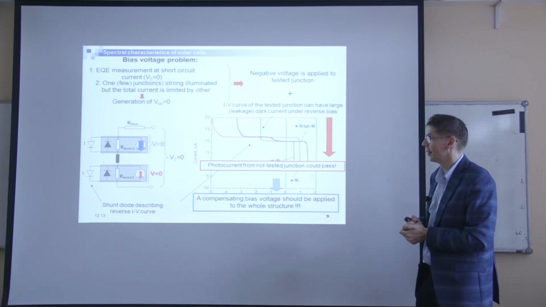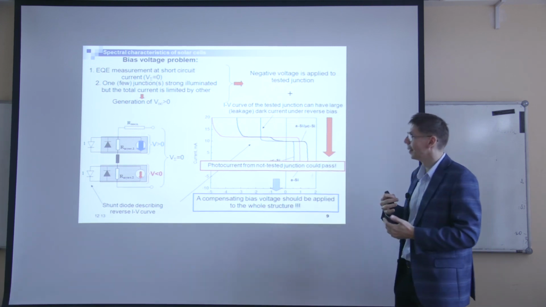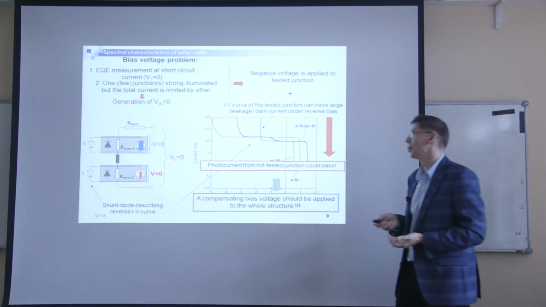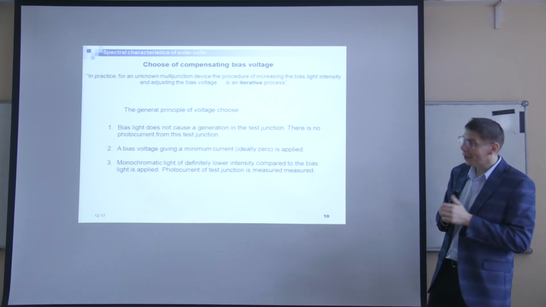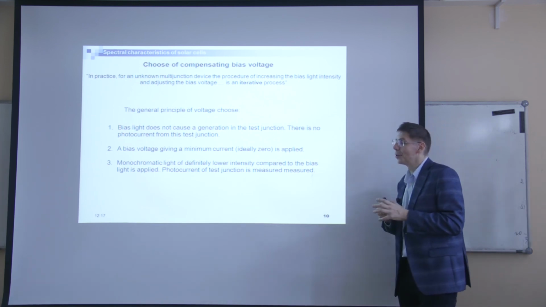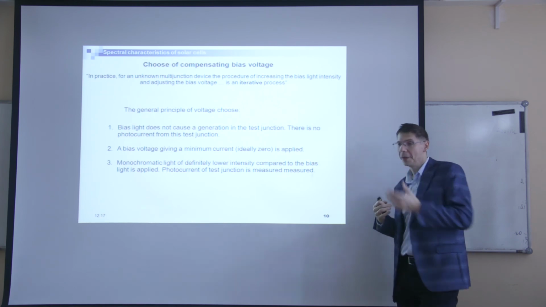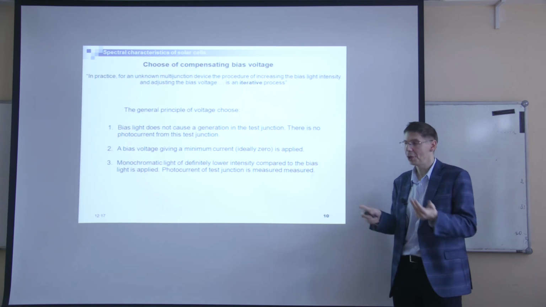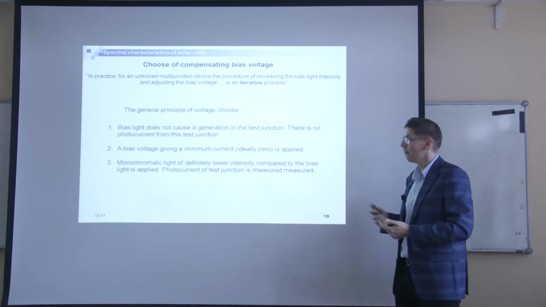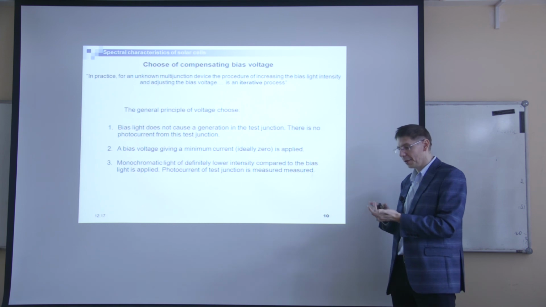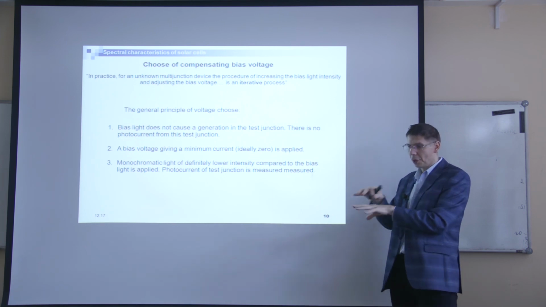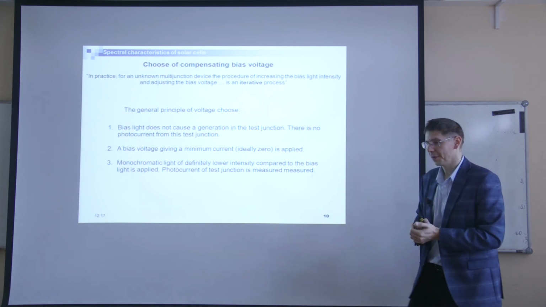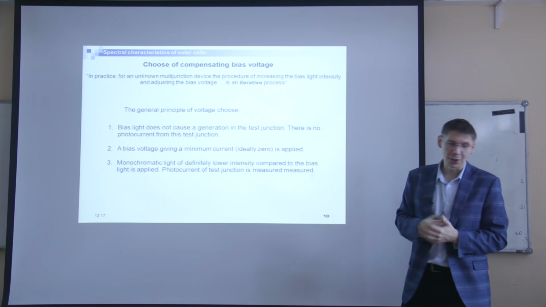So it's just the main idea to apply some compensative voltage, but in practice it's not so easy to do, because you have a lot of parameters to vary. You have a light intensity, you have a bias voltage, and then you have a monochromatic light. So you have to check if there is a really nice condition for the measurement.